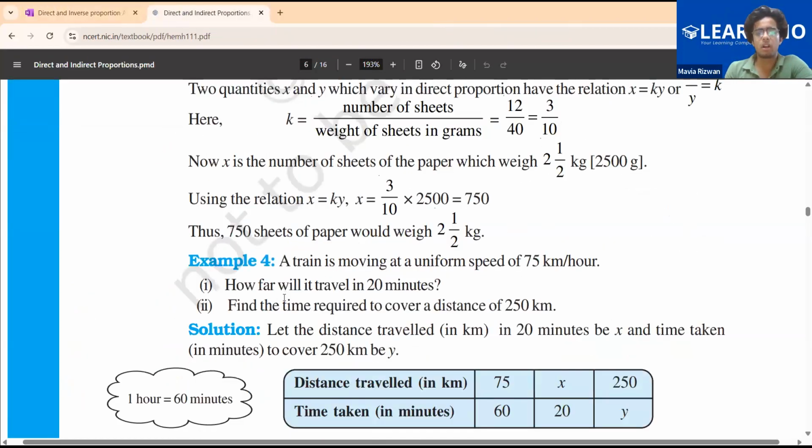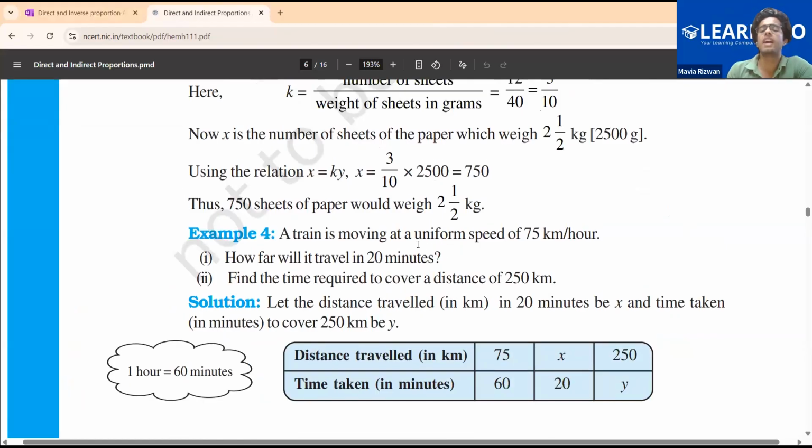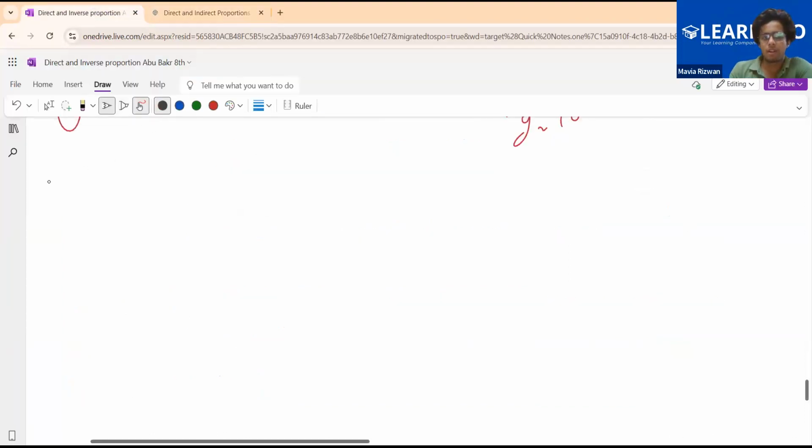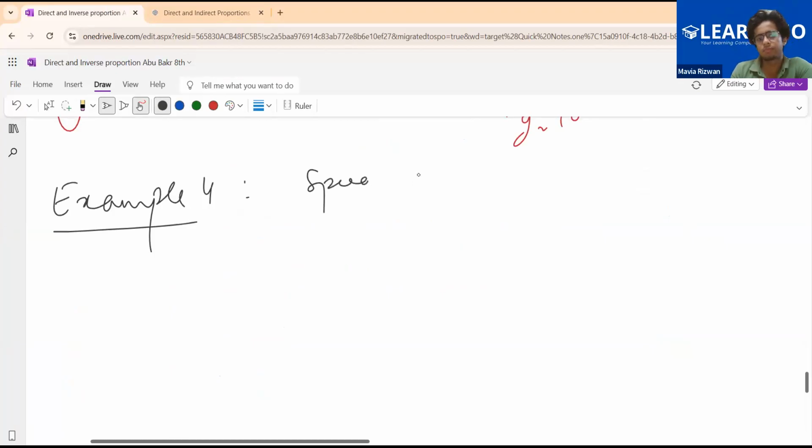Okay, so now I'm going to tell you one question. A train is moving at a uniform speed of 75 kilometers per hour. This is example 4. Speed of train is equal to 75 kilometers per hour.